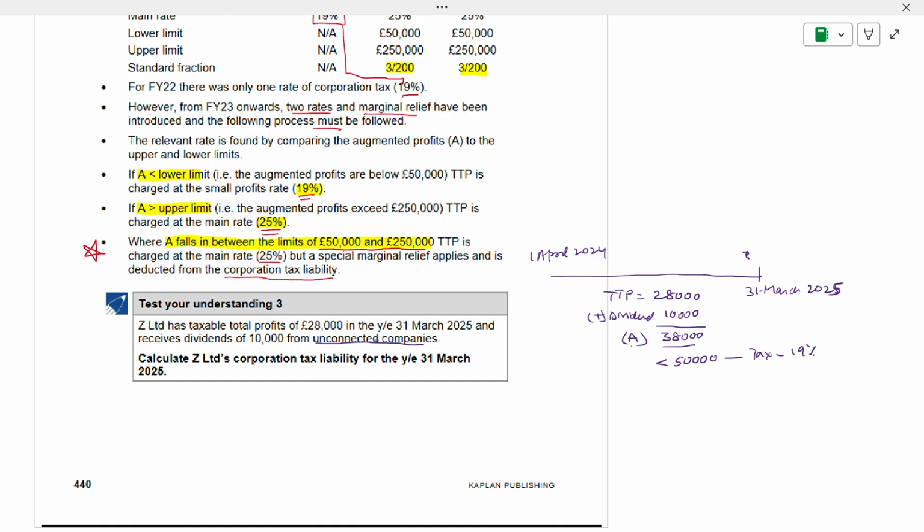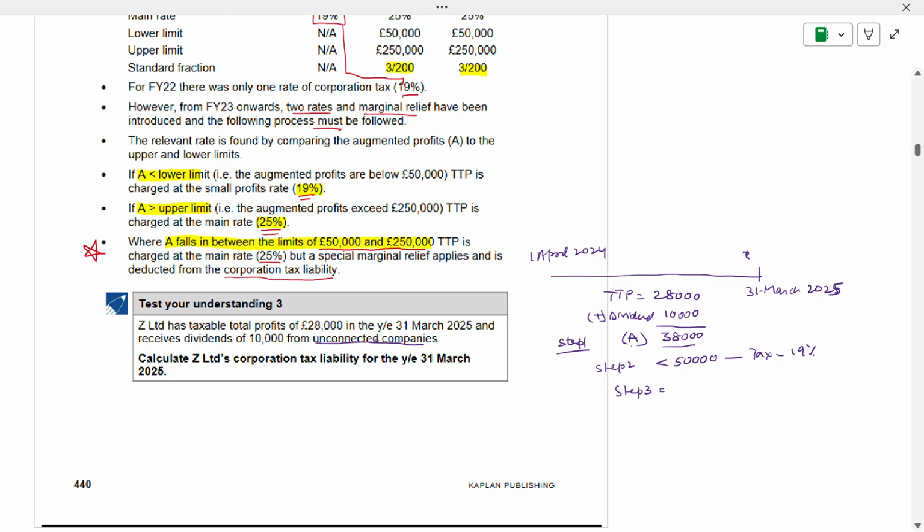Yes, sir. If augmented profits is less than 50,000, what is the corporation tax rate? 19%. Now how do we calculate the corporation tax?